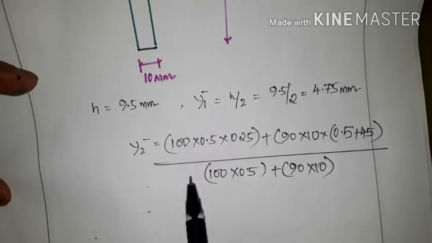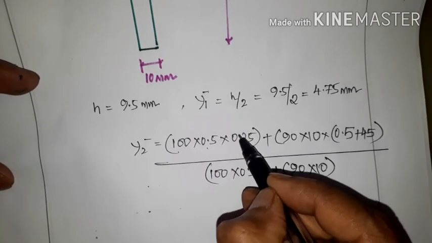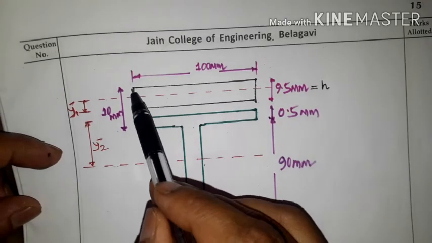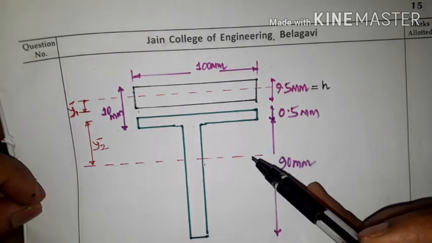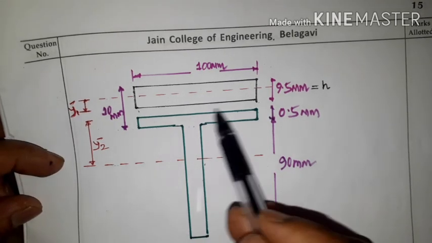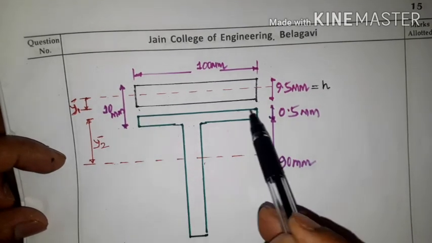Okay, so I'll explain here. 100 into 0.5 into 0.25. So this is 0.25. Yes, we can see here, 100. Sorry for the bottom part. So this width is 100.